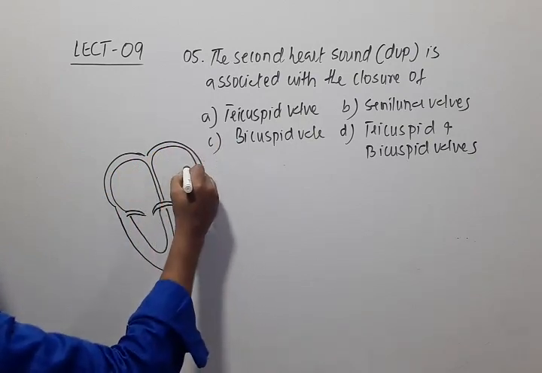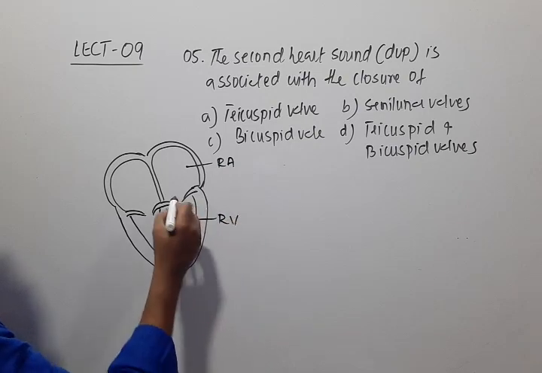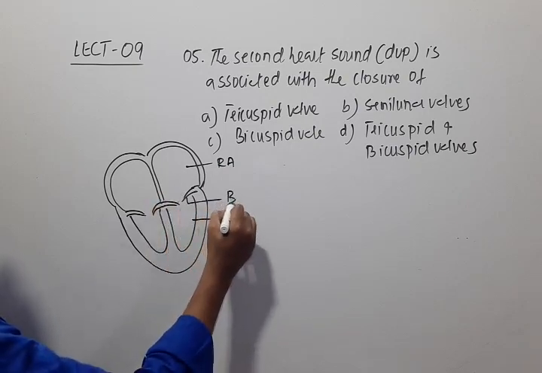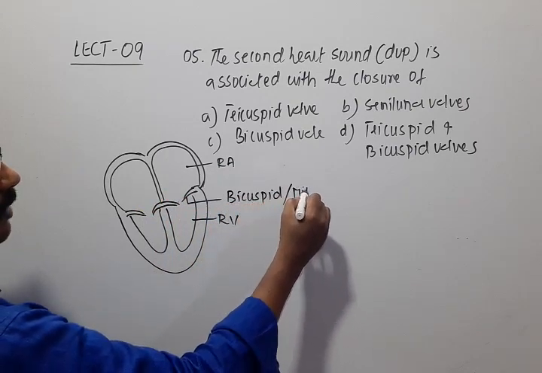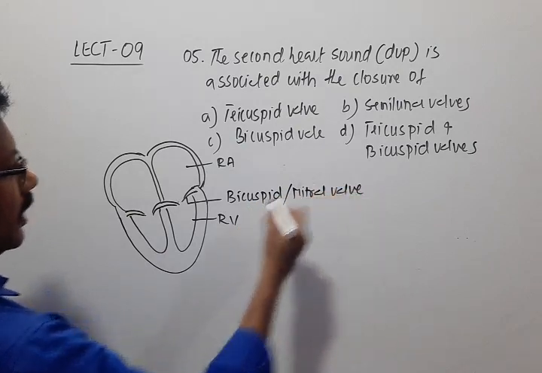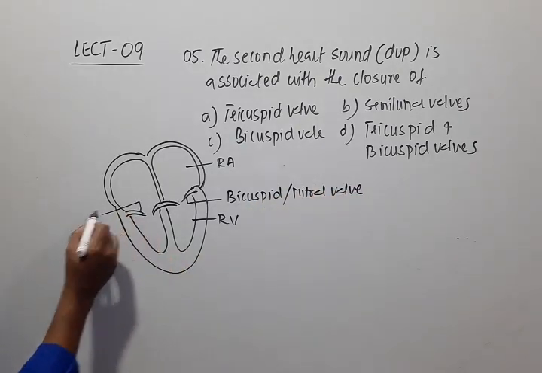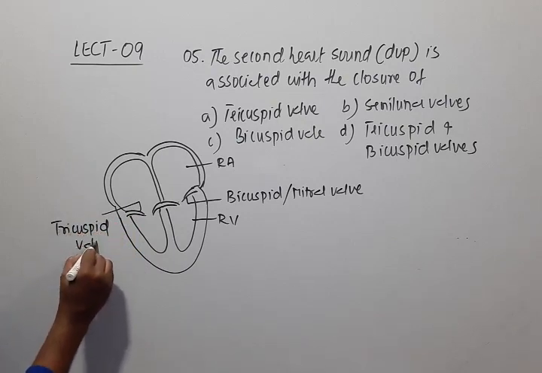So we know this is the right atrium and this is the right ventricle, and here is the bicuspid or mitral valve, and on this side we have the tricuspid valve.